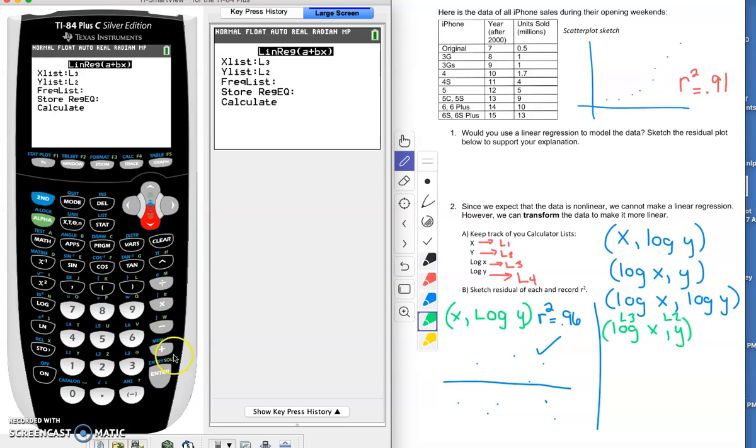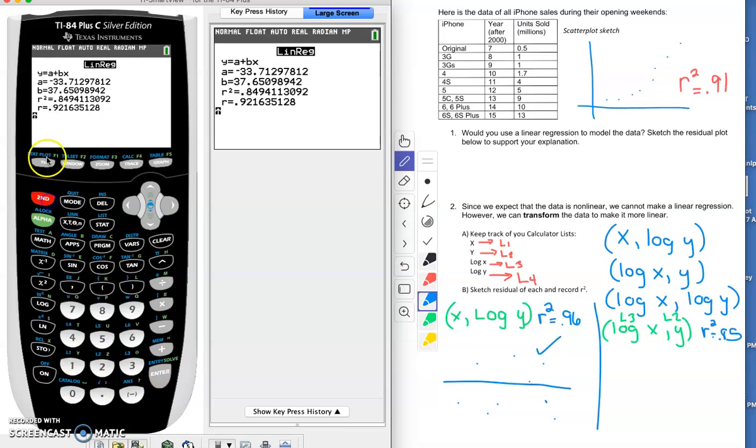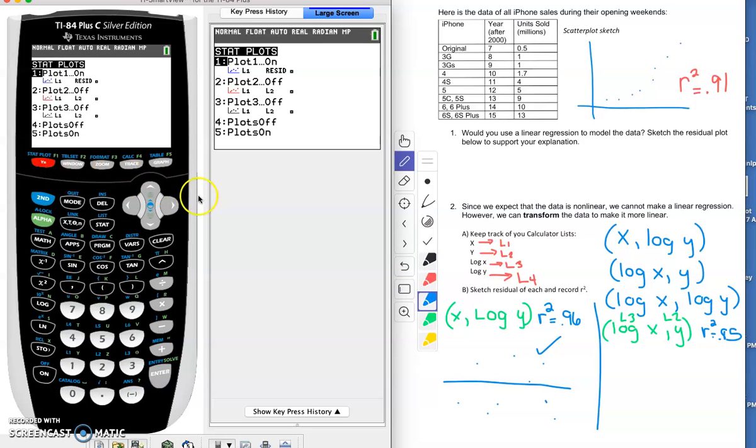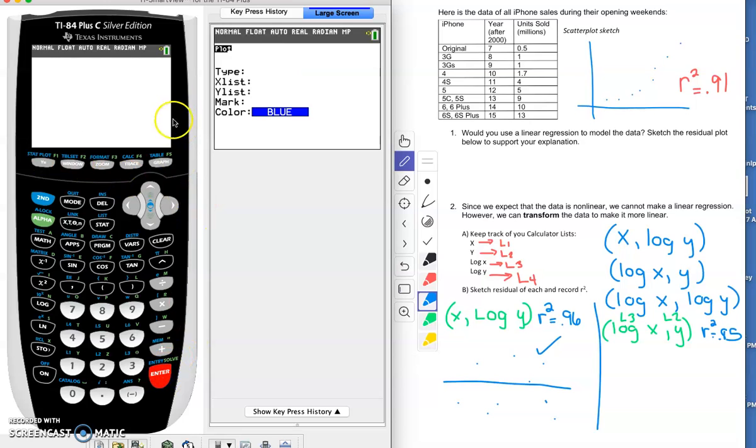Run my regression. I'm going to write down my R squared right away so I don't lose it. R squared here, got a little worse, 0.85. So it's probably not real great. Let's look at my original scatter plot. Let's check it out.